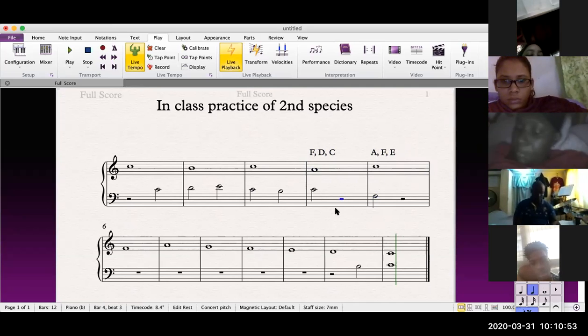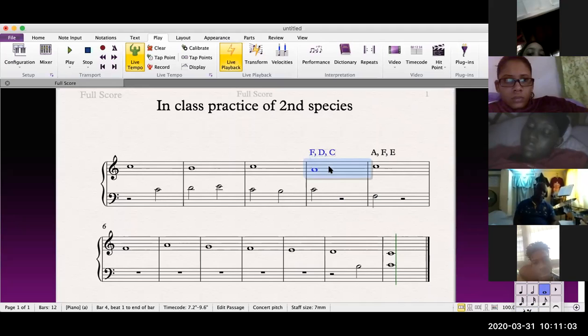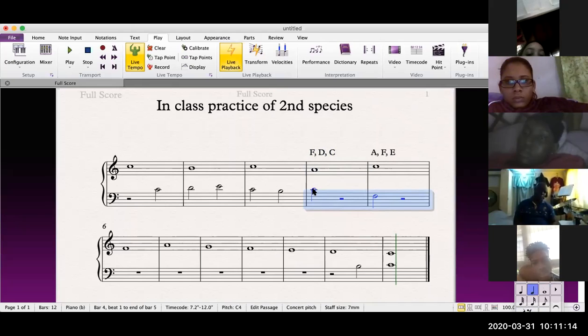You can see what our choices are there, right? So let's just go over our options. It can't be a dissonance because these are a fifth apart. Can't be a dissonance on the second beat of the bar, so it has to be one of those three.